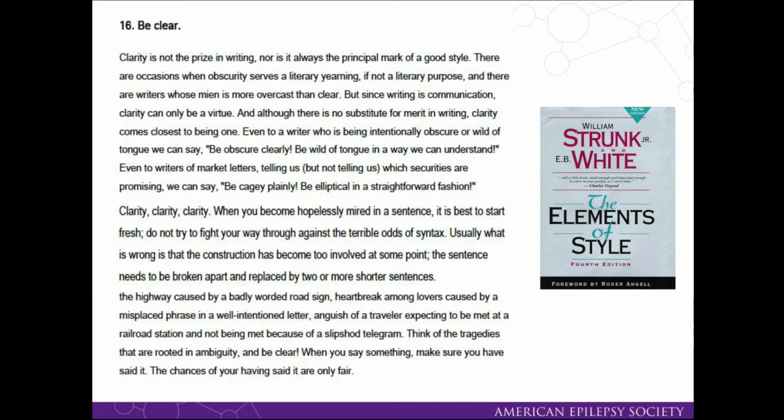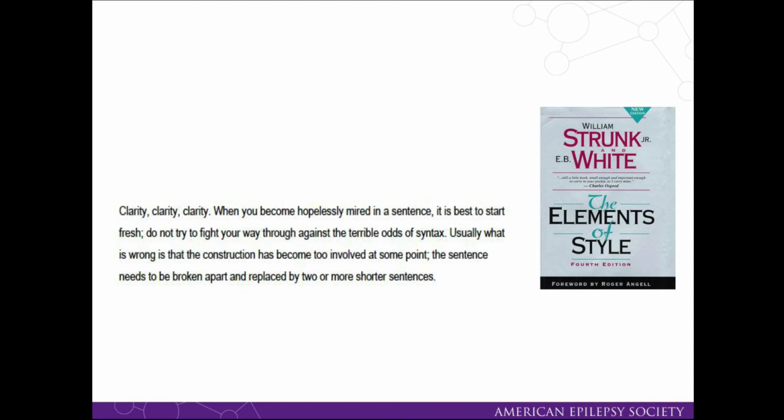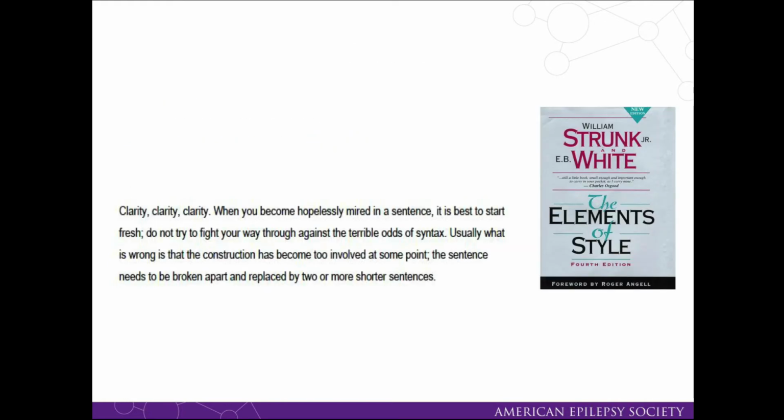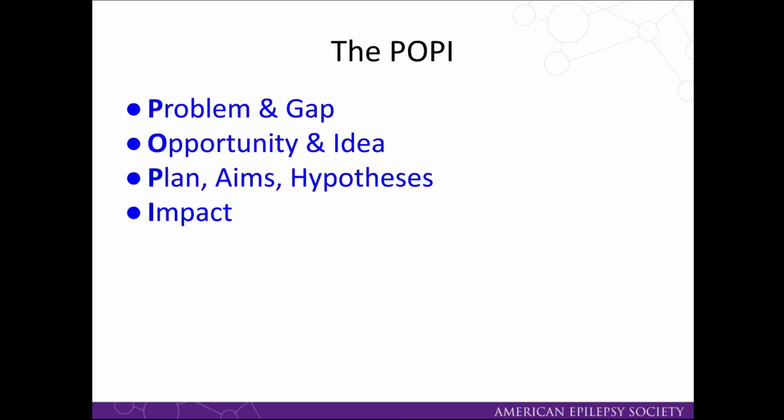And there's other lovely sections in this book. You should be clear, clarity, clarity, clarity, he writes. If you become hopelessly mired in a sentence, it's best to start fresh, etc. And so the reason that I'm going through this is that I want to emphasize again and again how important the aims page is and to make sure that you're really devoting sufficient energy to getting that page right.